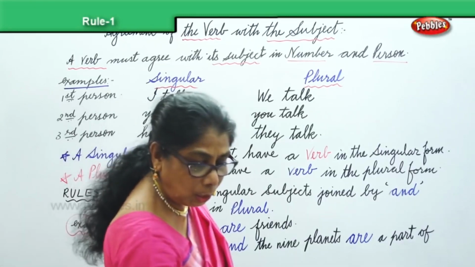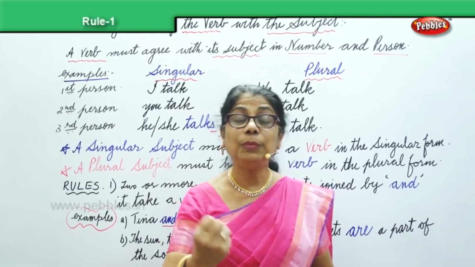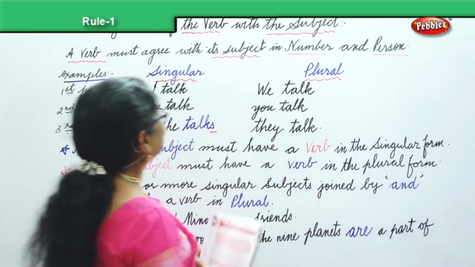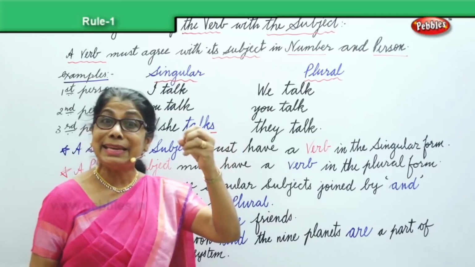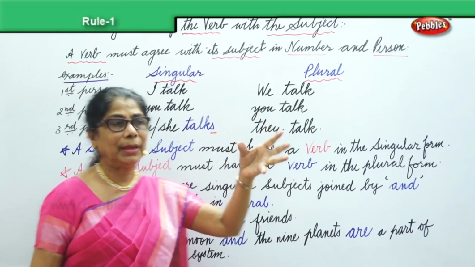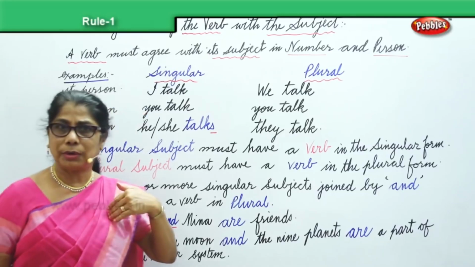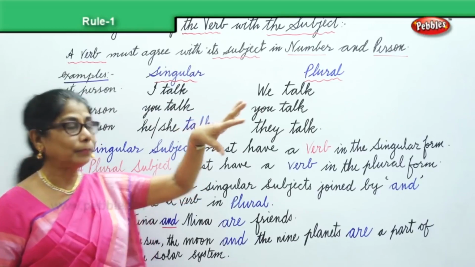Now, we are looking at the verb agreeing with the subject. Okay, that's what we are doing. So we said a verb must agree with the subject in number and person. In the first person you say, I talk. Then in plural form we say, we talk.